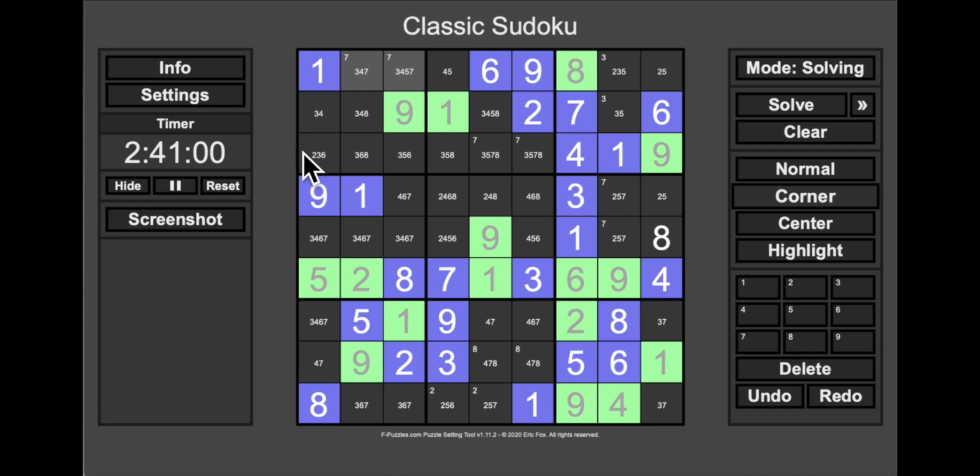Let's see. This isn't 2, this isn't 2, and these aren't 2. A 2 in row 3 has to go here. It can't be anywhere else.